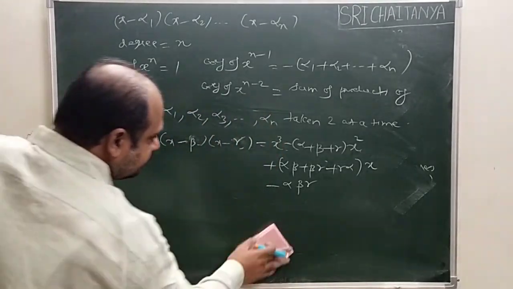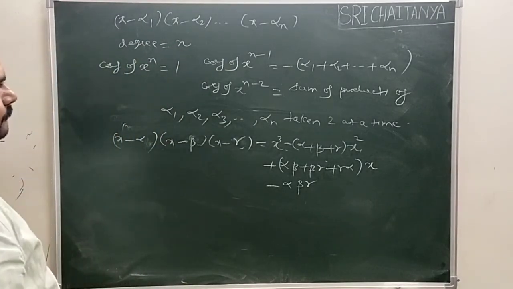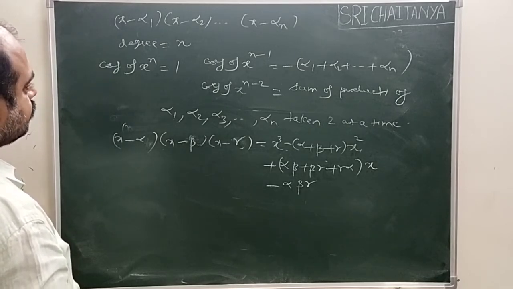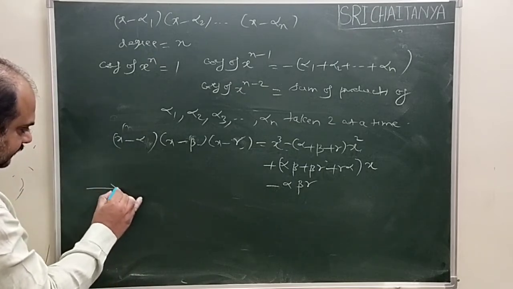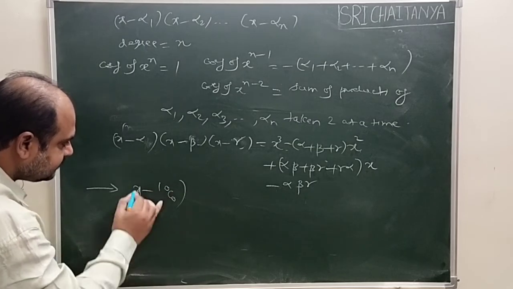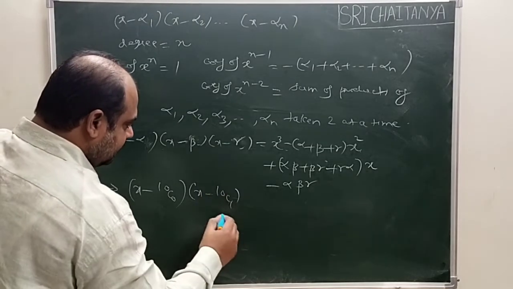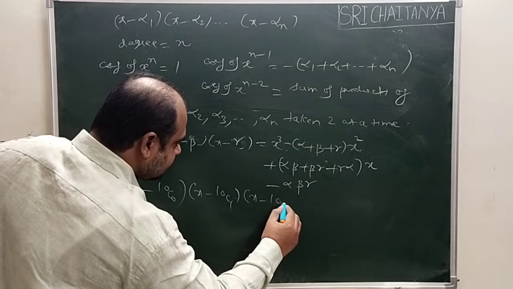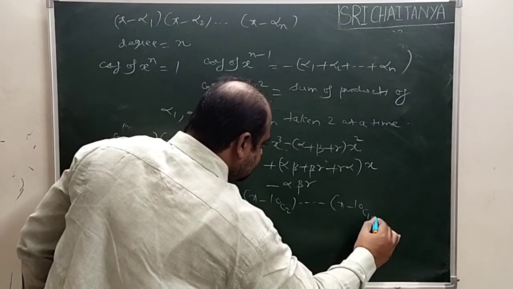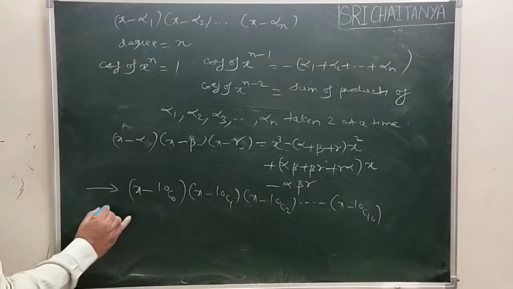Suppose we take a polynomial like this: x minus 10c0, x minus 10c1, x minus 10c2 and so on, up to x minus 10c10. This expression is given. Number 1.